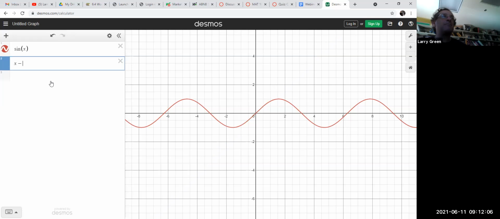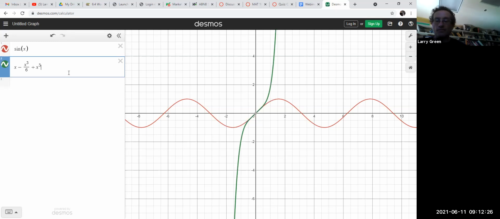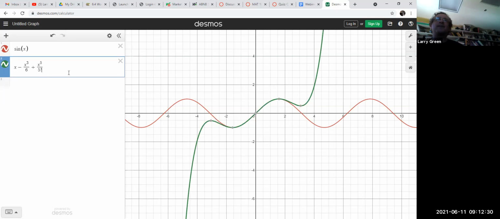And the next is going to be minus x cubed over 3 factorial, which is divided by 6. And you'll notice it's starting to get better. And then the next one is going to be x to the 5th divided by 5 factorial.